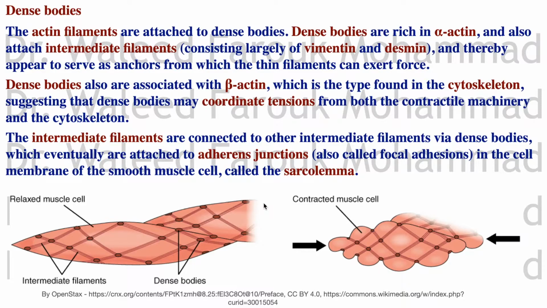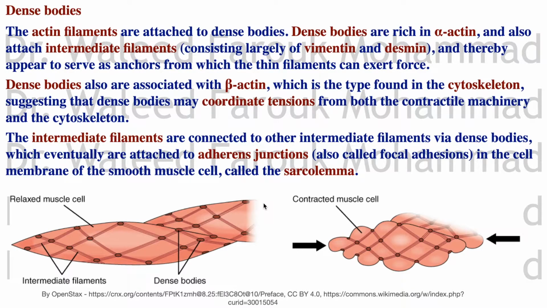Let's talk about dense bodies for a while. The dense bodies provide attachment to the actin filaments. Dense bodies themselves are rich in two types of actin, alpha actin and beta actin. The alpha actin also attaches intermediate filaments that connect the dense bodies together.